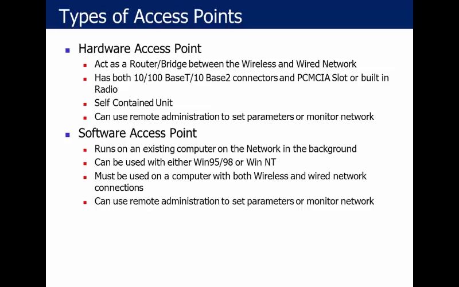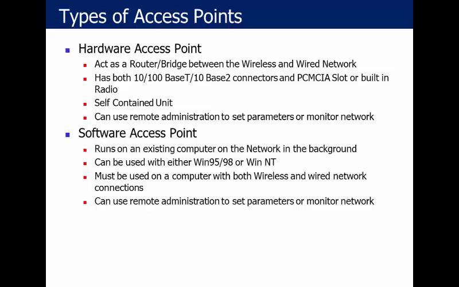And there are also software access points, which you can set up. If you have a wireless network card, then you can set up an access point. Almost all operating systems have that capability.